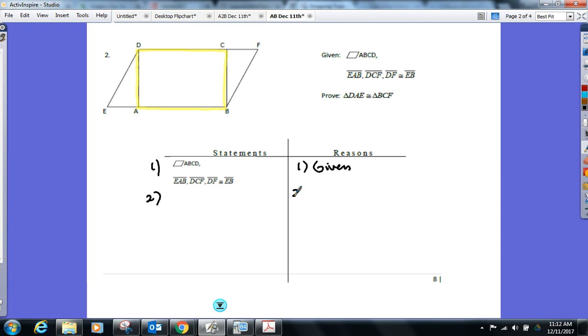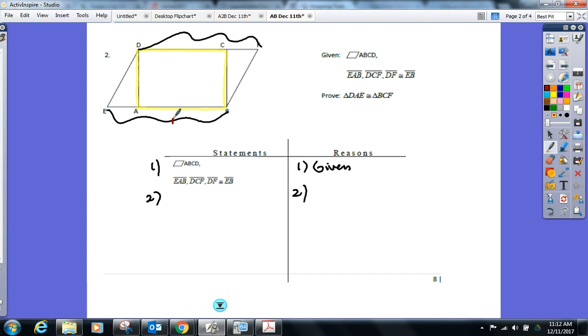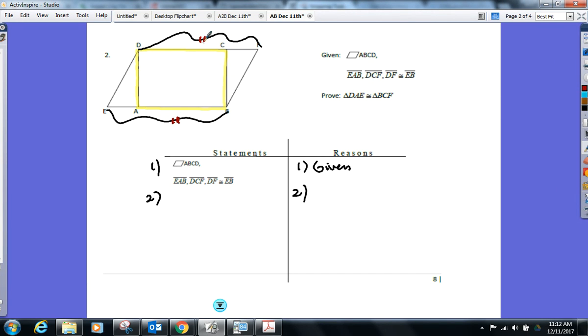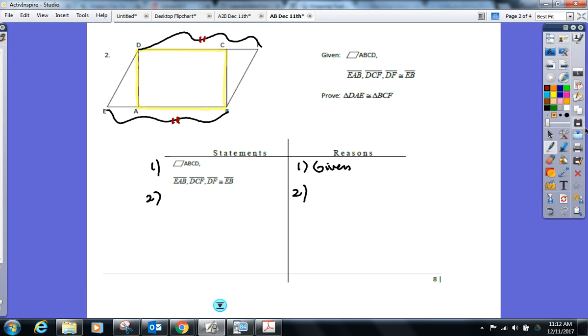And I gave you a couple more givens there. DF and EB are congruent.